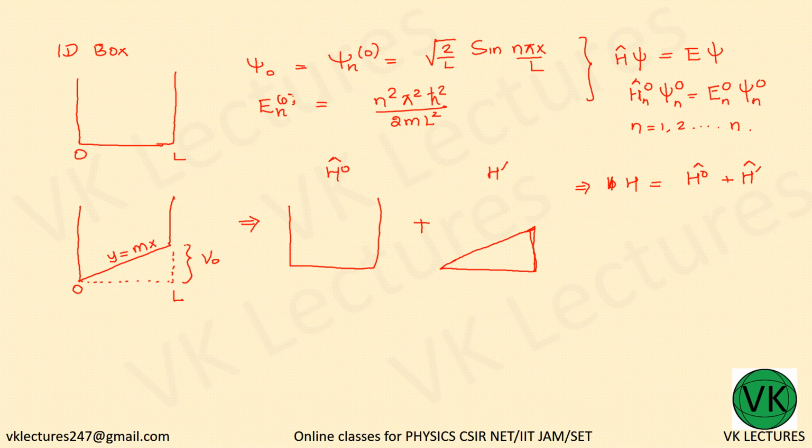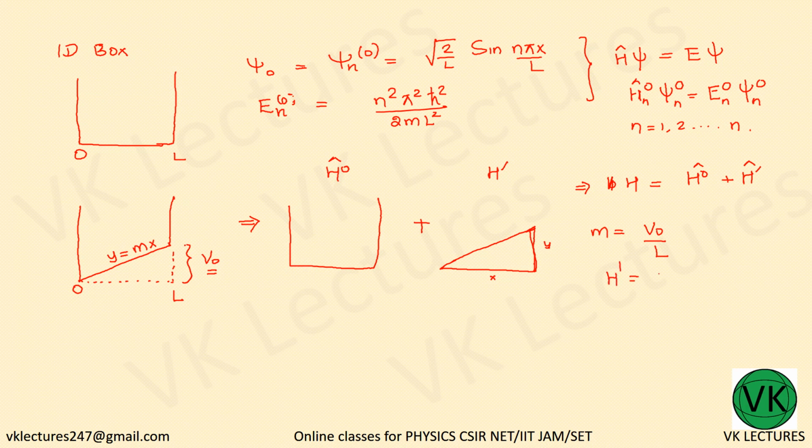Now if this is V naught and this length is L, m can be written as the slope, that is y by x. So y is V naught and x is L. So what is H dash?